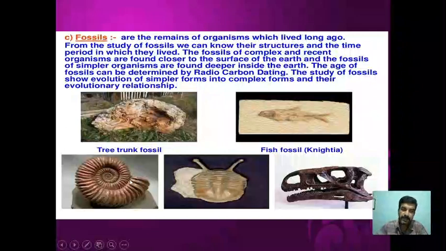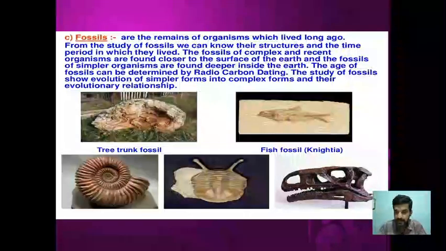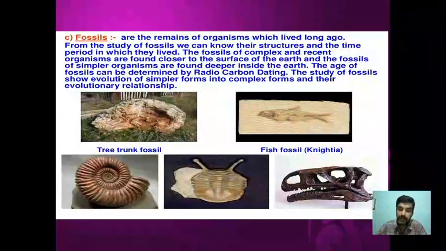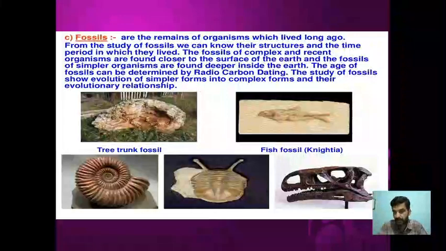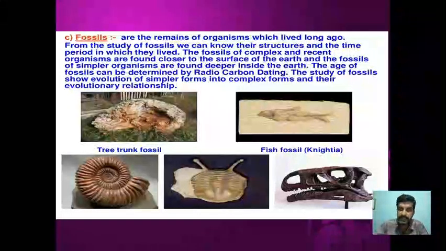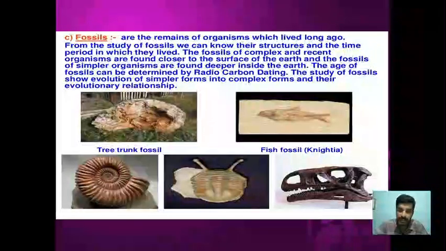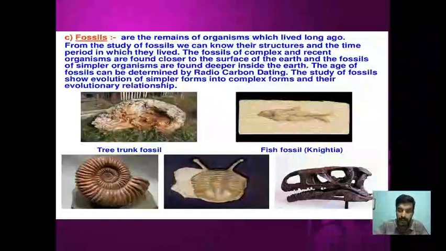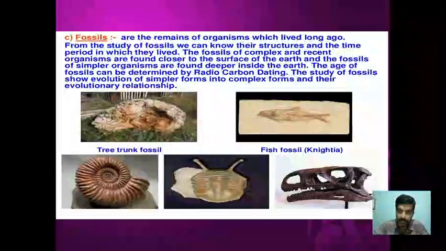Next evidence will be fossils. What are fossils? But first we have to talk about some examples of this one also. In case of plants, we find analogous organs. Their origin is different, but they perform the same function. Say for example, tuber of potato and the carrot, right?